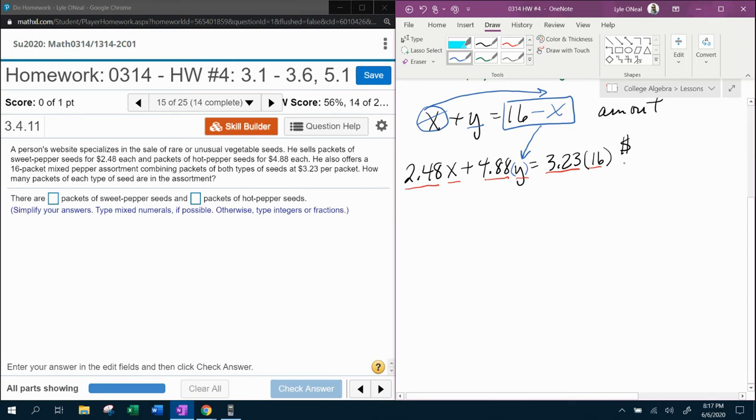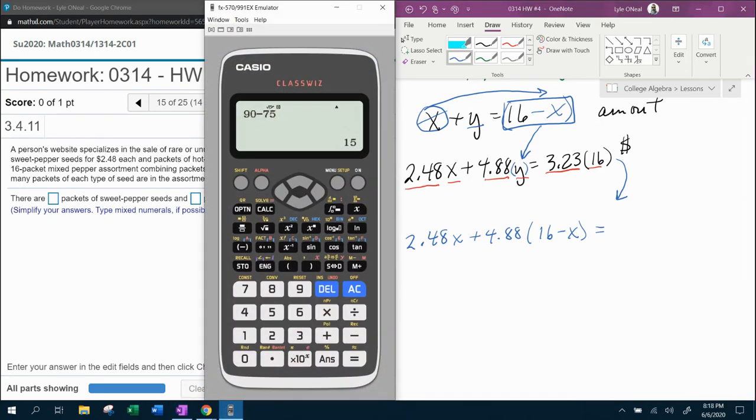So this equation right here is going to become 2.48x plus 4.88 times (16 minus x), replacing y with what it's equal to, equals, and then we're going to pull up our handy dandy calculator, 3.23 times 16, and I'm going to have to hit the SD button to get a decimal, 51.68.